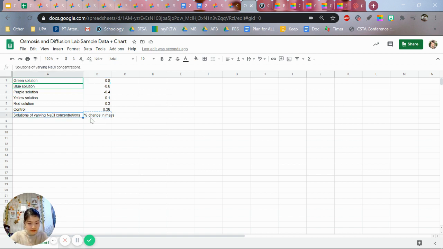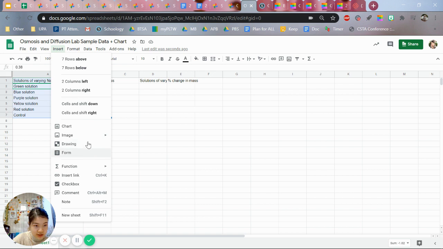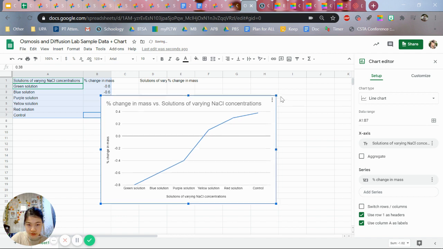And now I'm just going to rearrange this because I don't know why. Okay, so I just rearranged this so that the labels are on top. I'll highlight everything and then I'll insert a chart. So this is the chart that is going to show up.